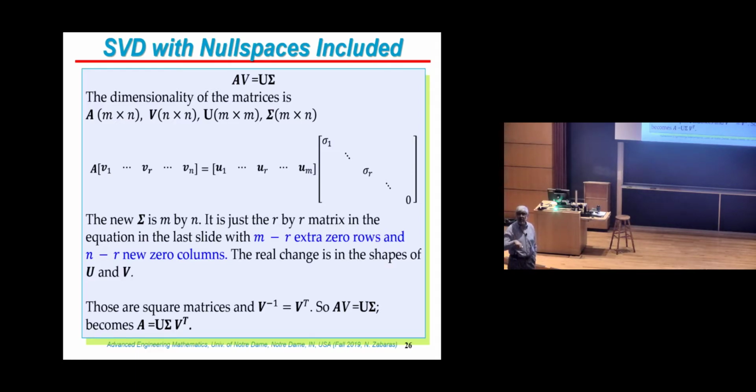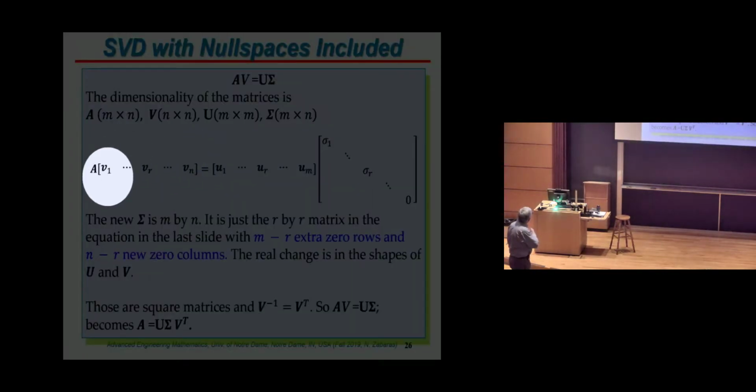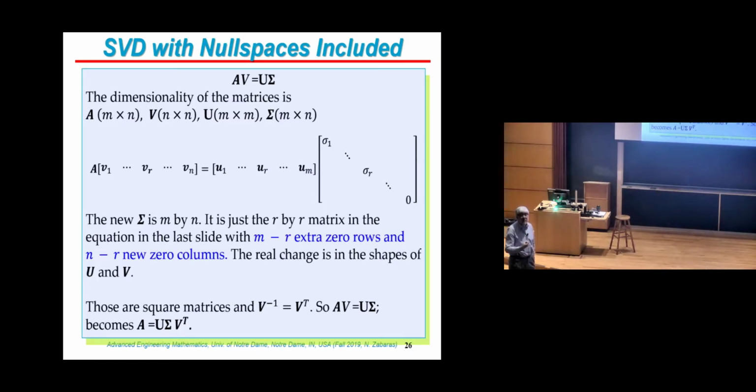So sigma 1 is the magnitude of which vector? If you take magnitudes on both sides, the magnitude of U1 is equal to 1. So sigma 1 is the magnitude of AV1.